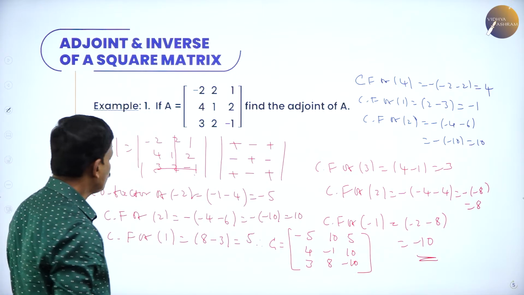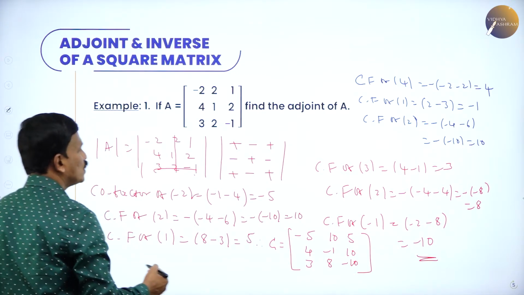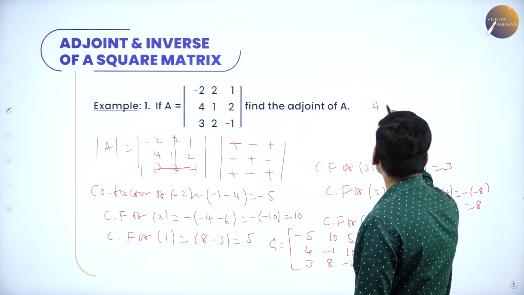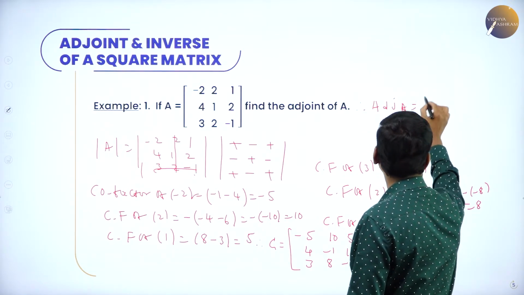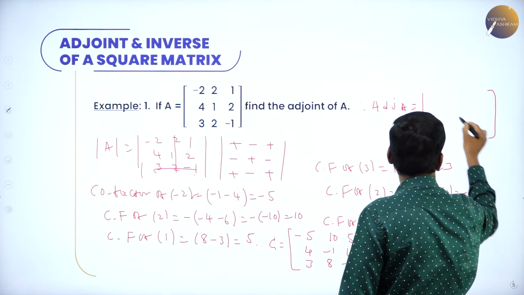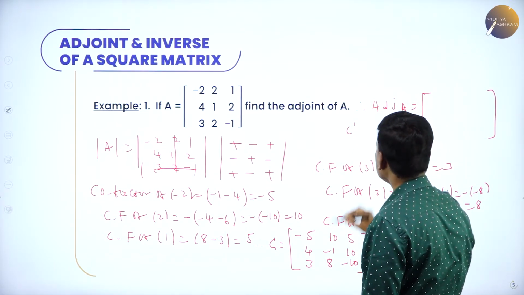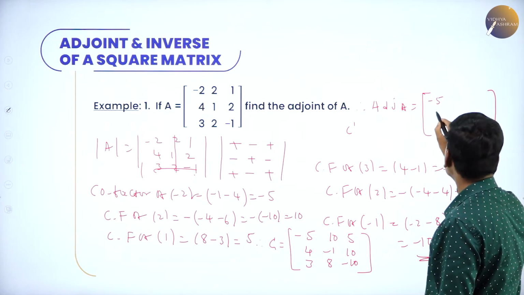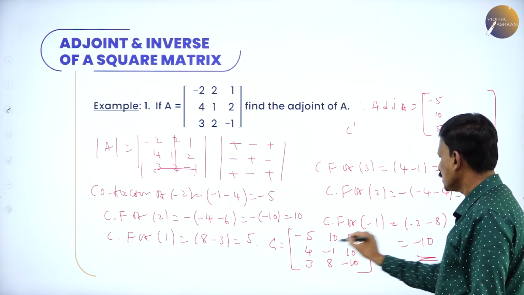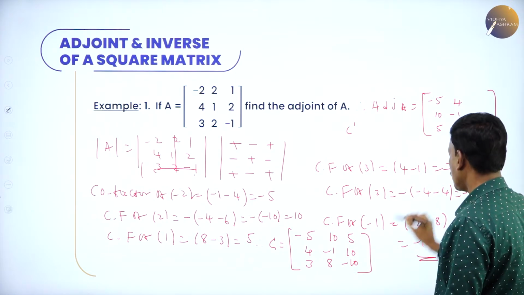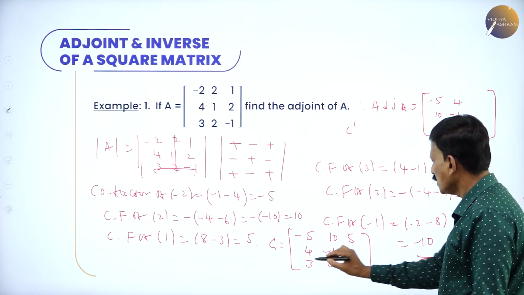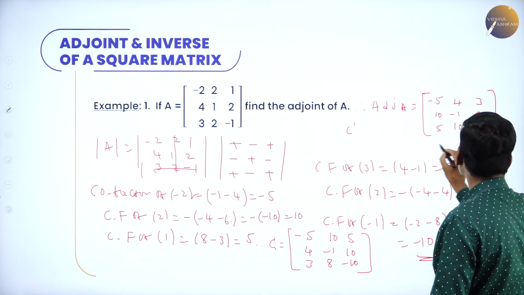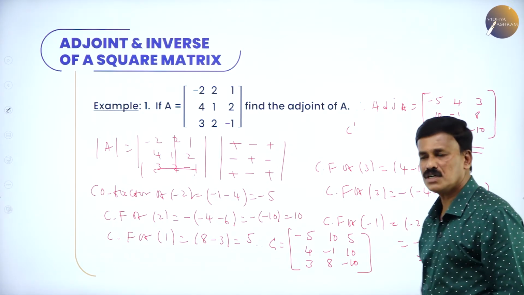So the adjoint of A is equal to the transpose of the matrix C dash. Transpose this. First row minus 5, 10 and 5. Second row 4, minus 1 and 10. Third row becomes third column 3, 8 and 1. So this is the adjoint.